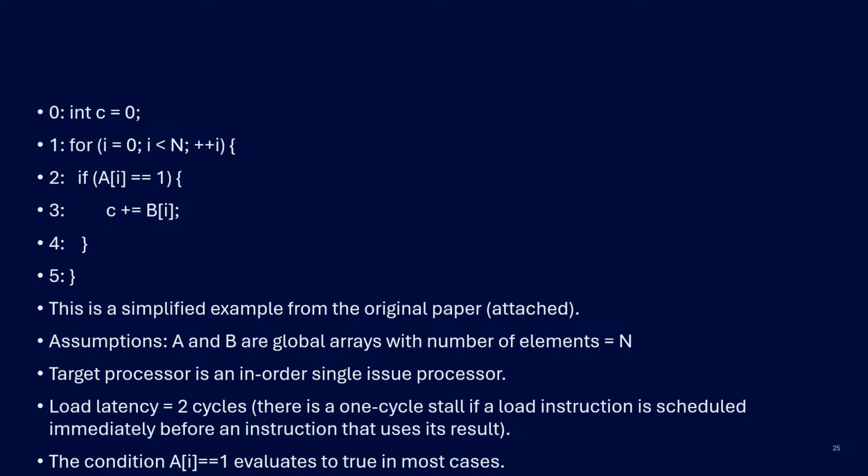Now this is the loop. Can you tell me if there is any difference between this and this? Let's count the number of instructions in this loop. 1, 2, 3, 4, 5, 6, 7, 8. And here, 1, 2, 3, 4, 5, 6, 7, 8, 9.